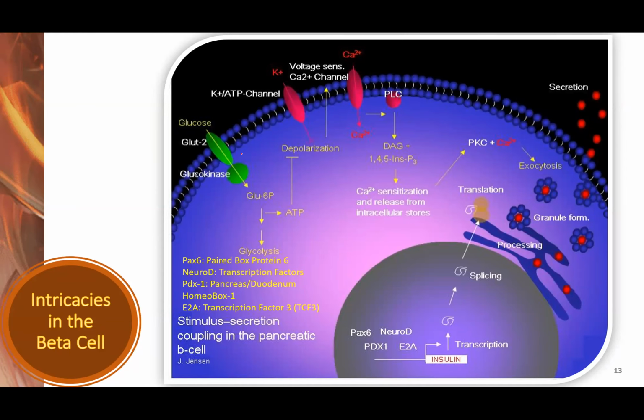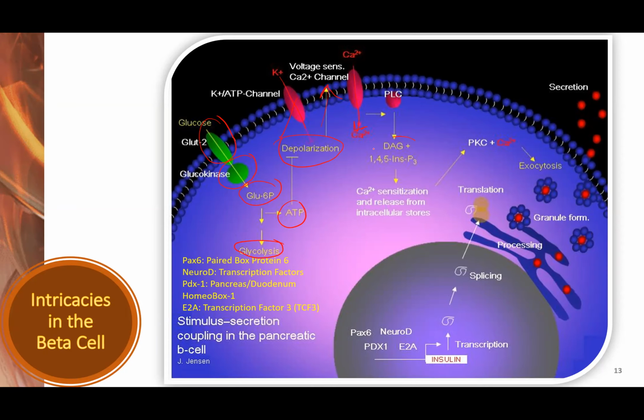Okay. Now, these are the intricacies shown here, nothing very much different. Through GLUT2, the glucose has come. Glucokinase acts there, forming glucose 6-phosphate, and glycolysis occurs in the process. ATP is generated, that ATP depolarizes, potassium channels are closed and calcium channels are open.